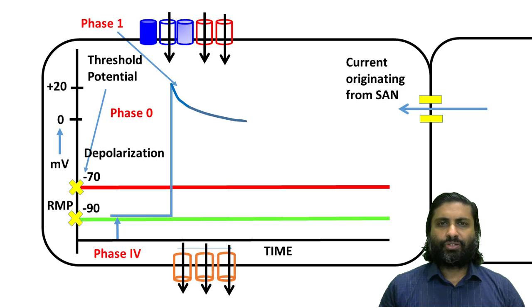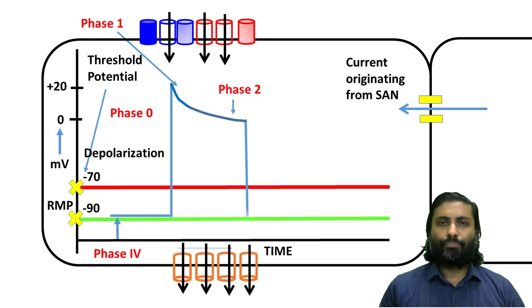This phase of the action potential is what we refer to as phase 2 of the action potential, or the plateau phase. At the end of the plateau phase, the voltage sensitive calcium channels get inactivated while the potassium channels remain open, allowing potassium to leave, and as you can expect, the action potential will fall towards resting membrane potential, and this phase is what we call phase 3 of the action potential.